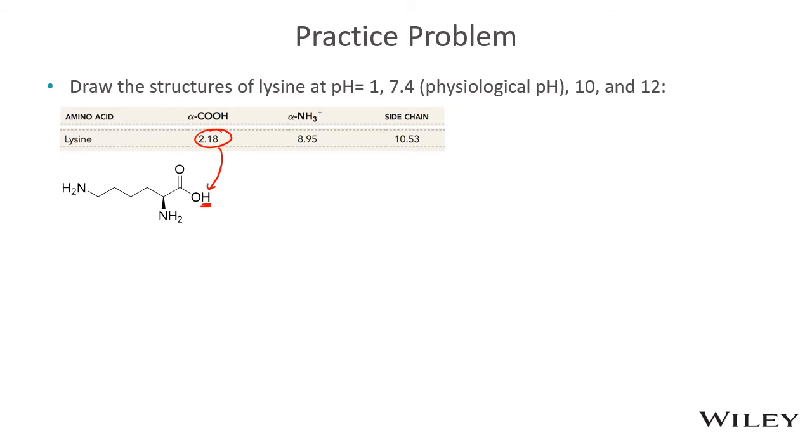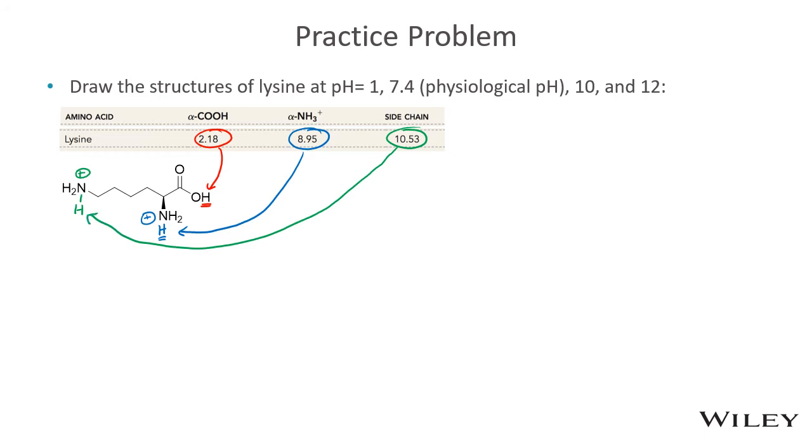For the amino group, when we're talking about alpha amino NH3+ having a pKa of 8.95, we're really talking about the H that would be attached to the nitrogen if it was protonated. And then for the side chain, it's a similar structure with the amino group. So the side chain, this pKa value of 10.53, is really talking about the H that would be attached to the amino group to make it an ammonium ion.